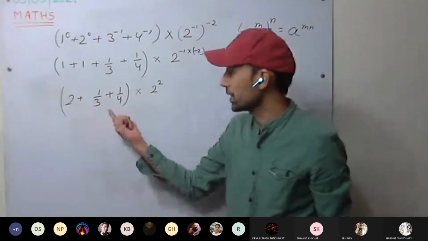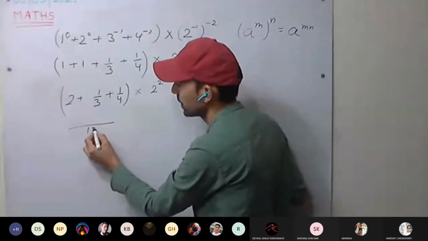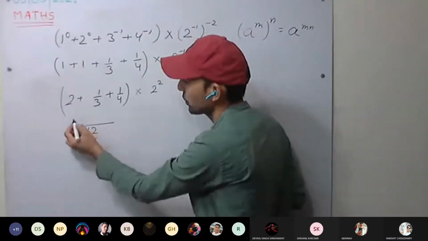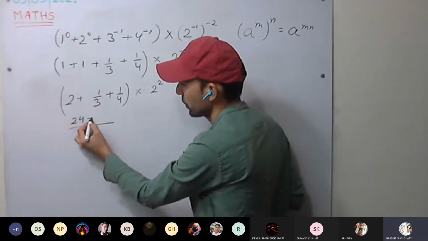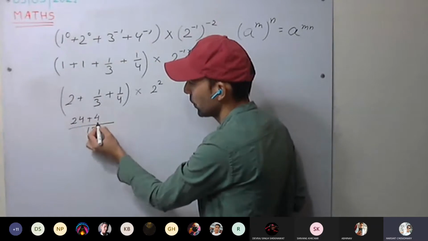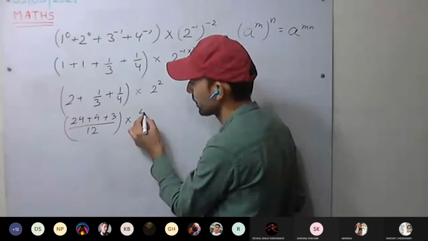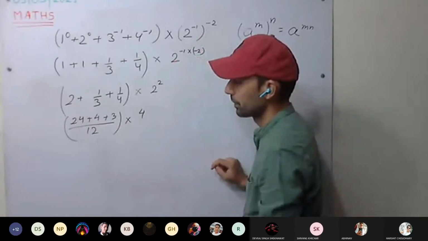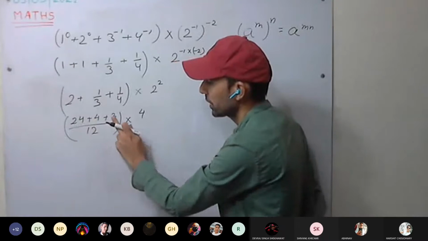Okay. What will be the LCM? 12. Okay. So how much it will be? 24. 3 4 ja 4. 3 into 4. How much we are getting? 28.